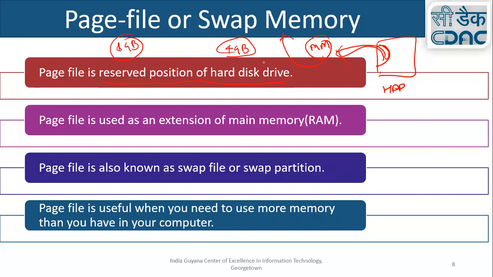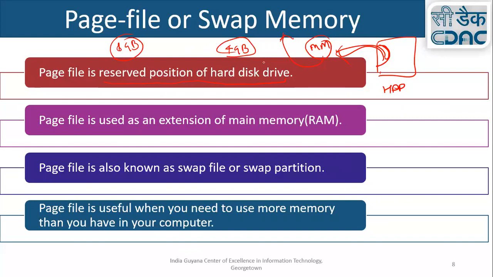I'm giving it to you. You have your RAM, but the size of the RAM is around 4 GB or 8 GB. If you require some more space, meaning your program size is huge, more than 4 gigabytes, some part of the hard disk is used as swap memory. I'm giving the idea of what swap memory is. So just stay with this.